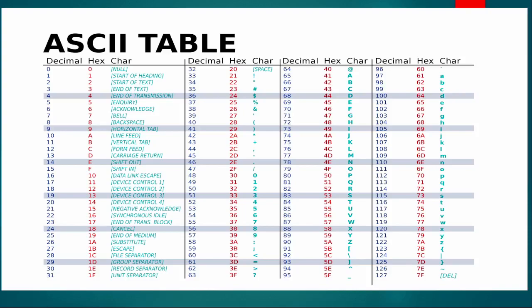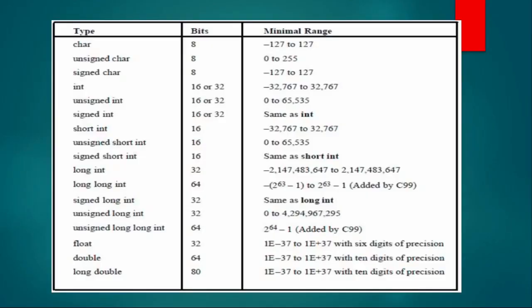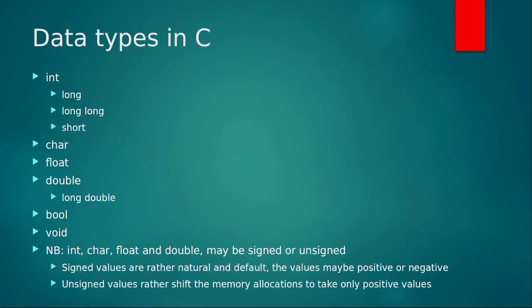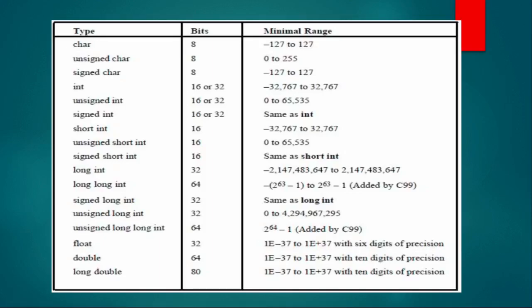So back to this table. You can see the char is 8 bits, and then this is the range, and then it can be unsigned, right? When you use unsigned, you're saying, okay, I don't care about negative values.